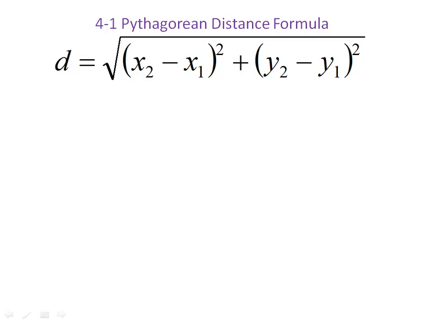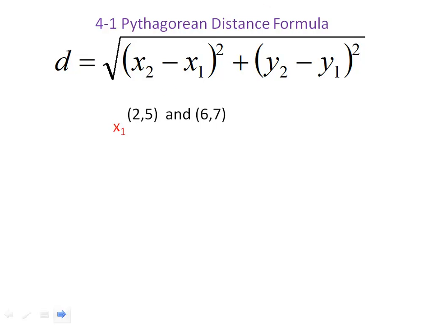Alright, this is the Pythagorean distance formula for use in the coordinate plane graphs that we see for finding distance between 2 points. For instance, these 2 points: the ordered pair (2, 5) and the ordered pair (6, 7).